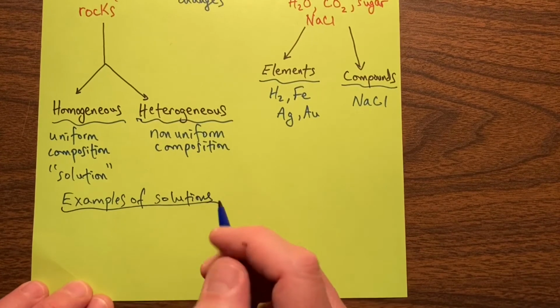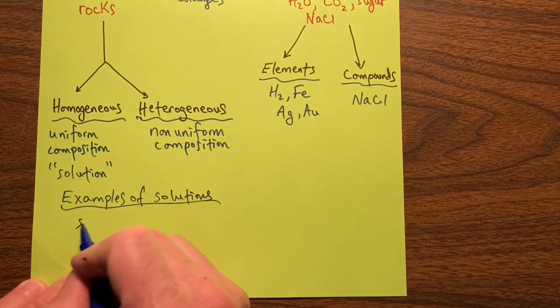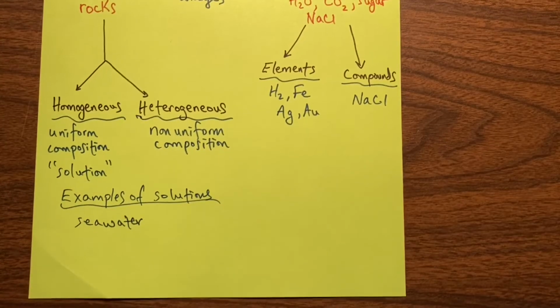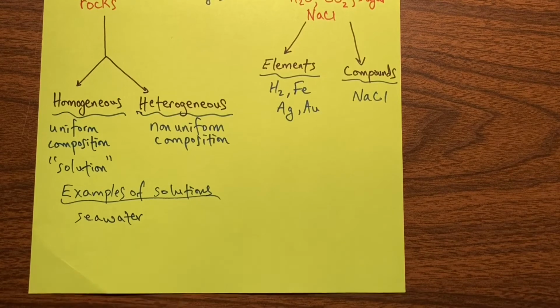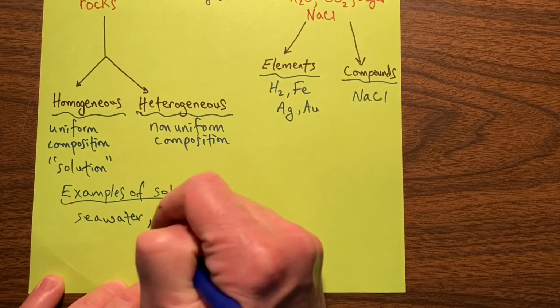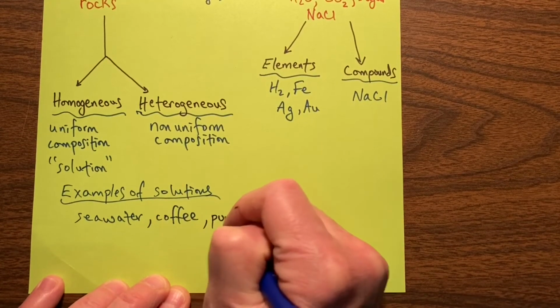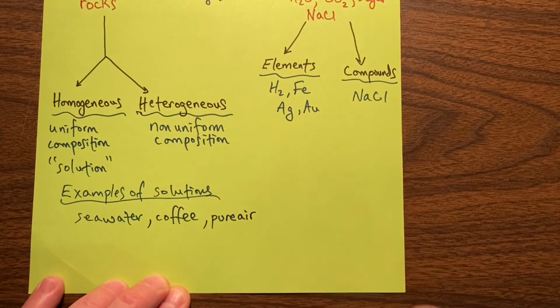Would be things like, as I said, seawater. You hold up seawater, or you cup seawater in your hand, it's going to look like water, so it's homogeneous. Coffee is a homogeneous mixture. Pure air that doesn't have dust in it is a homogeneous mixture.